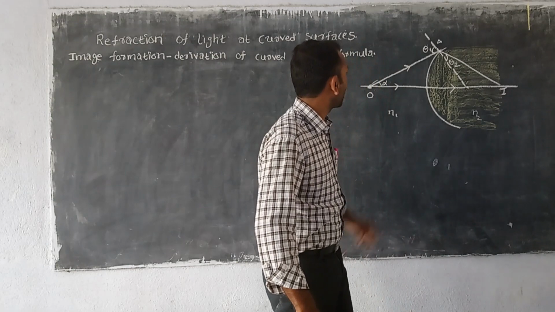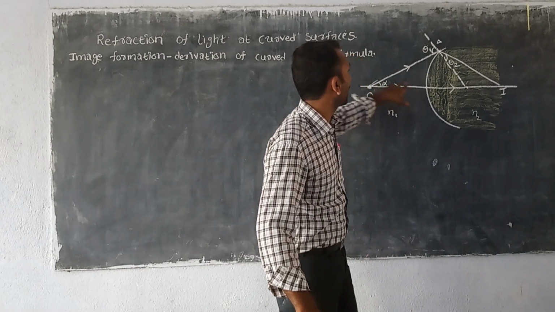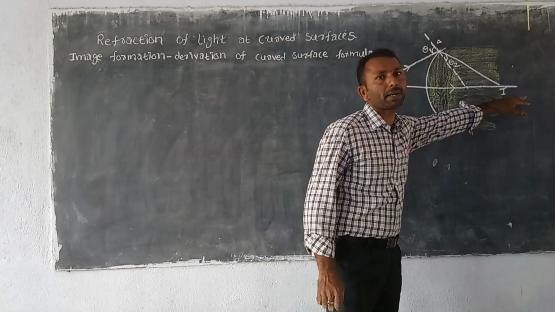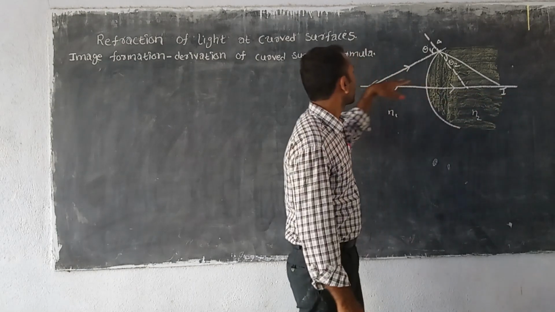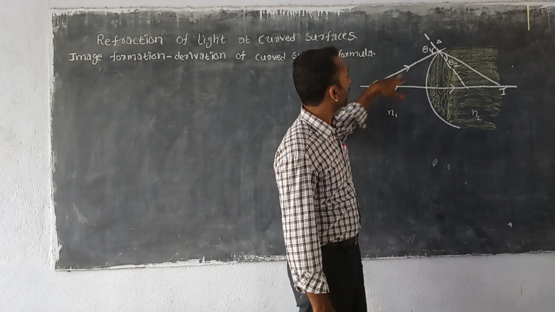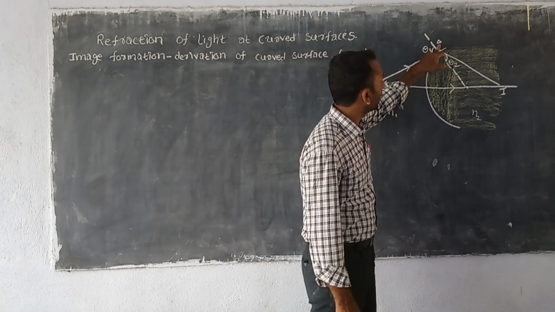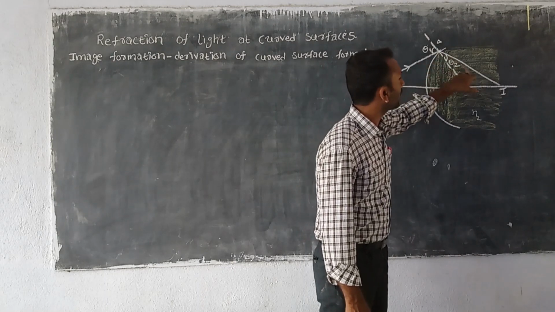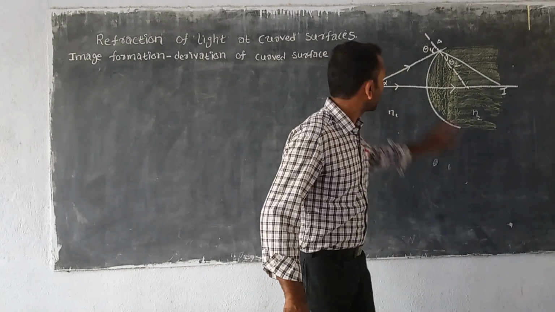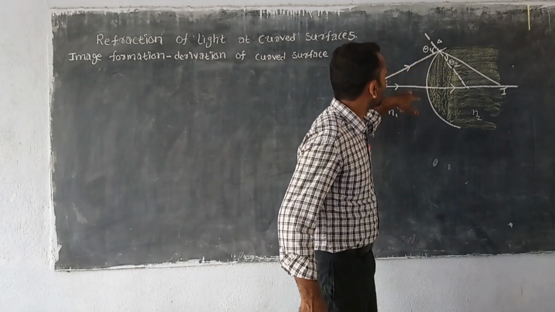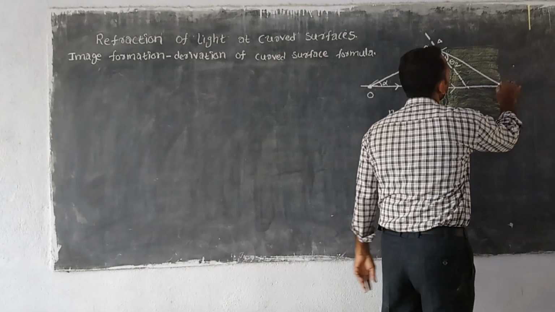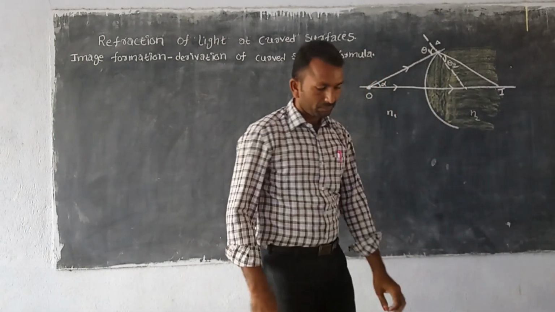The first light ray goes without deviation, and the second goes at some angle with the principal axis, meets the curved surface at A, and bends along AI. Both rays meet at point I, which is the image point of O.